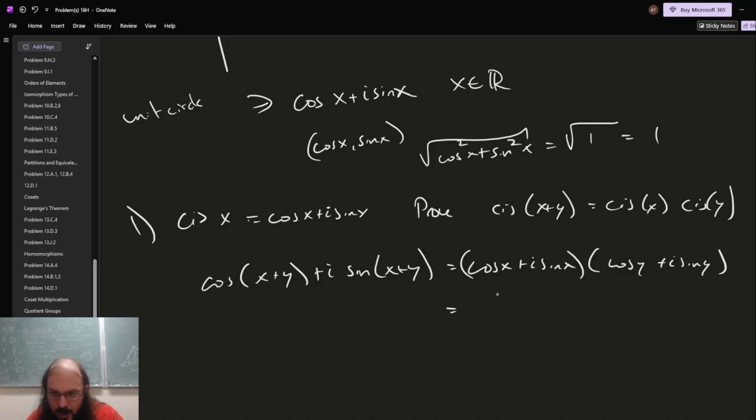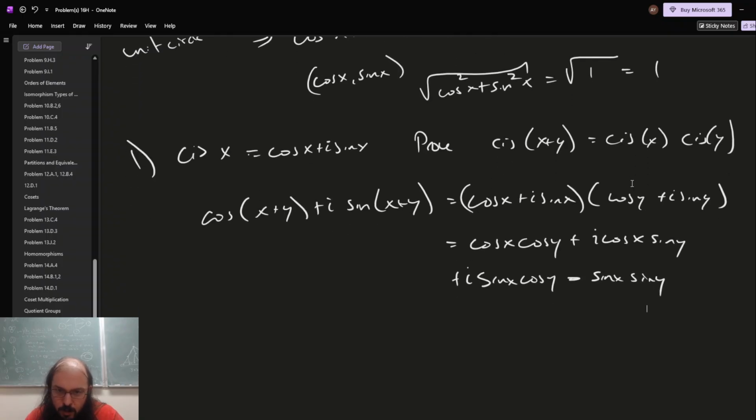And then we expand this guy on the right. I get cosine x cosine y, plus i cosine x sine of y, plus i sine of x cosine y. And then we get i squared, which we have to just know is how complex numbers work, is minus 1, times sine x sine y.